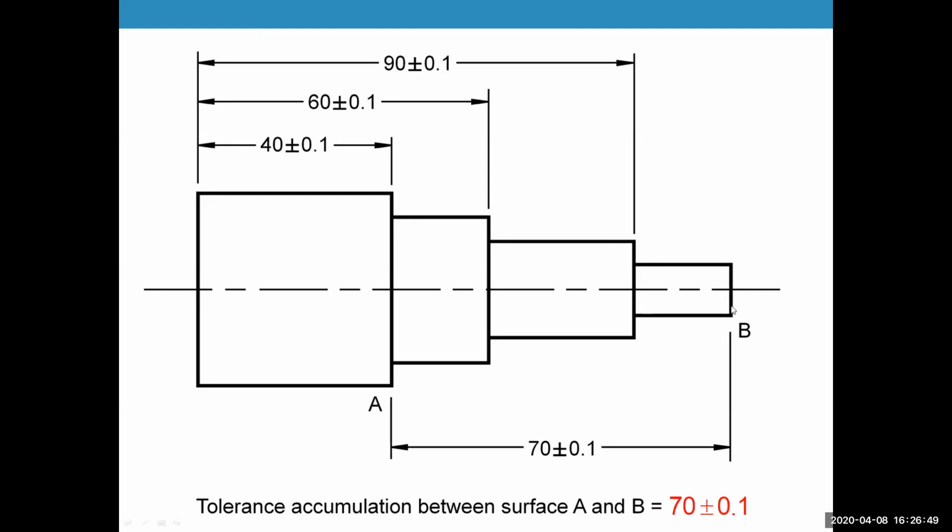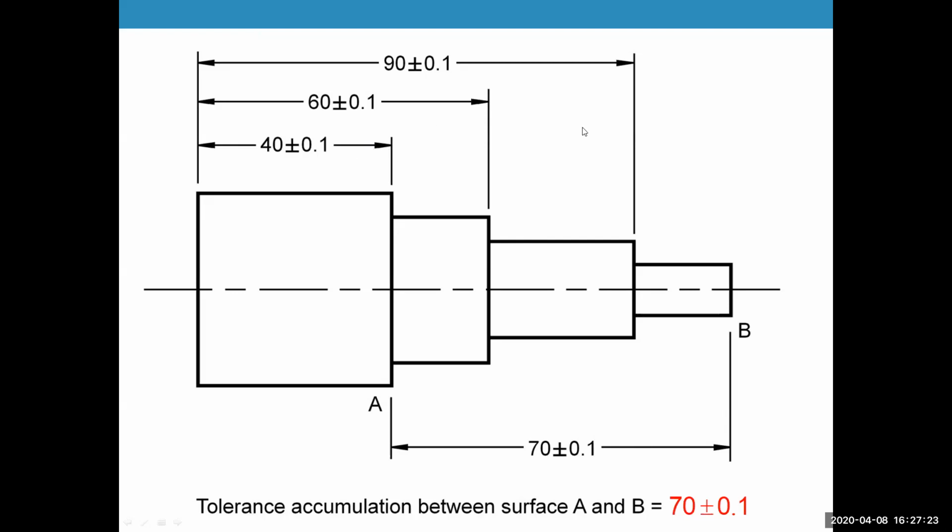So if you want to control the distance between two surfaces, regardless of which two they are, then even though we recommend that you always datum dimension, you still need to hold a tolerance between the surfaces that are important, that the dimension provides that tolerance.